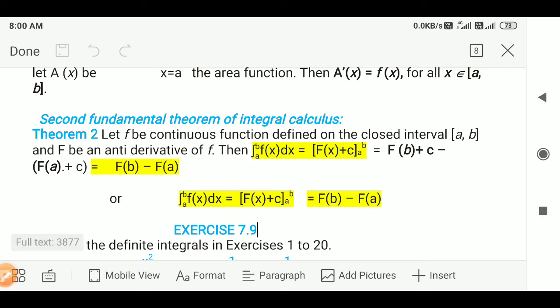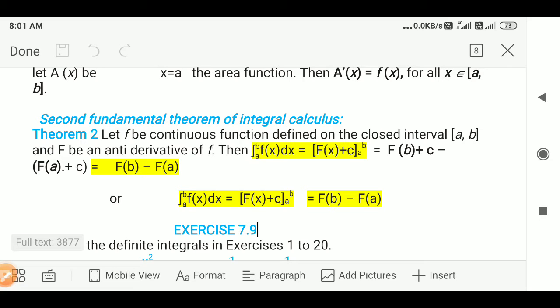Now the second fundamental theorem of integral calculus: let f be a continuous function defined on the closed interval [a, b], and let capital F be the antiderivative, meaning the integral of small f.